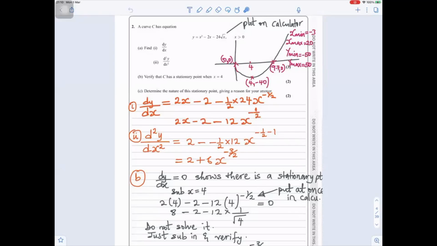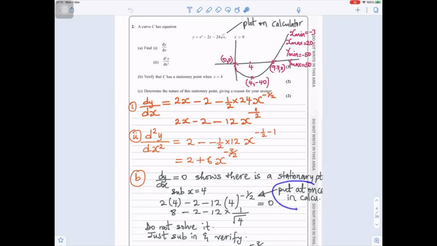Part B, verify that C has a stationary point when x equals 4. At a stationary point, dy over dx is equal to 0. So you can sub in 4 in dy over dx. You sub in 4 for x. You get 2 times 4 minus 2 minus 12 bracket 4 to the power minus a half.